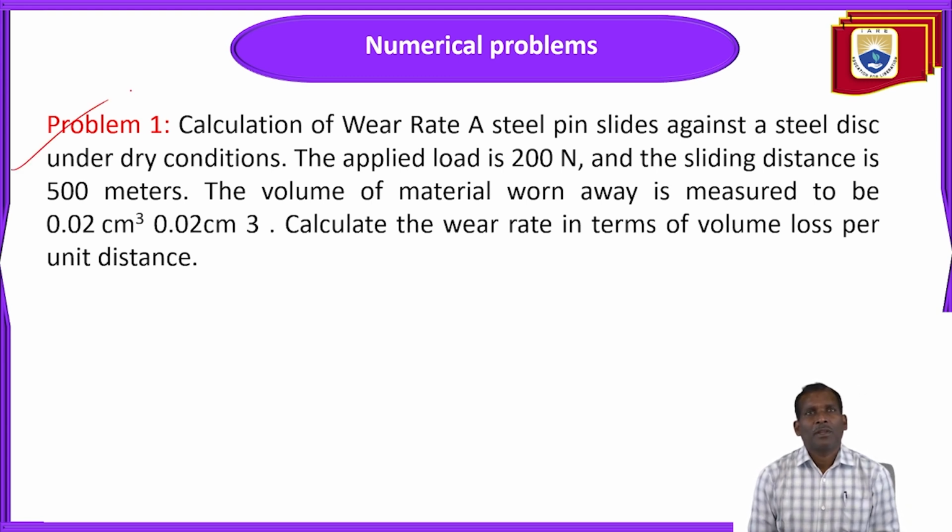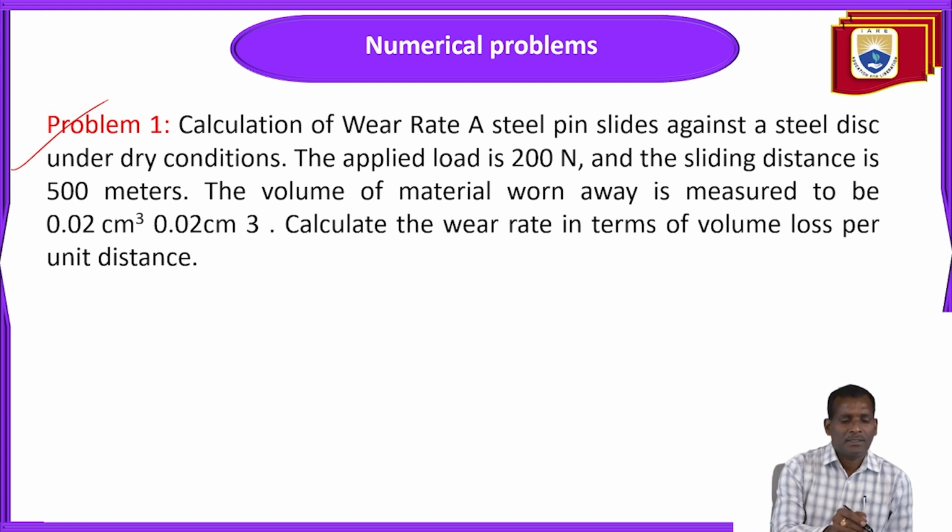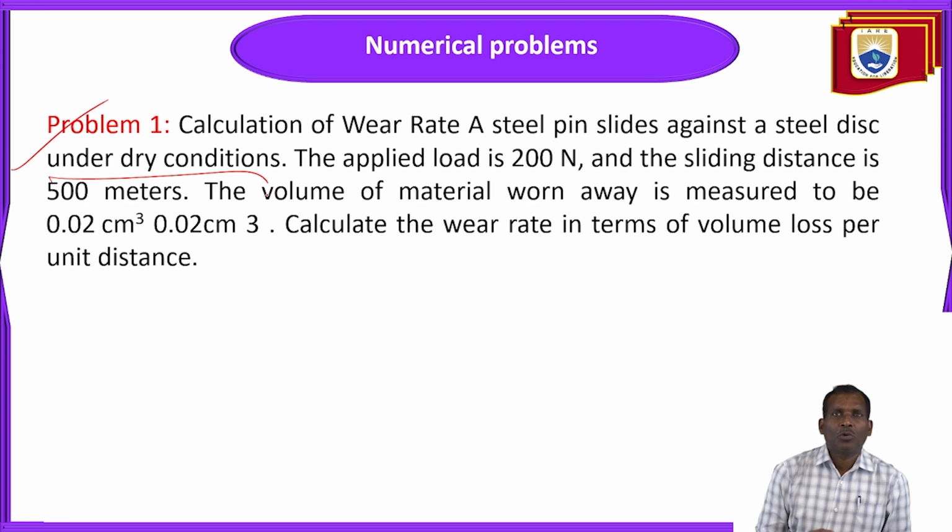Problem number 1, calculation of wear rate. A steel pin slides against a steel disc under dry conditions. Two conditions are there, one is wet and another one is dry condition, that is, with lubrication and without lubrication. Calculate the wear rate. The applied load is 200 newtons.